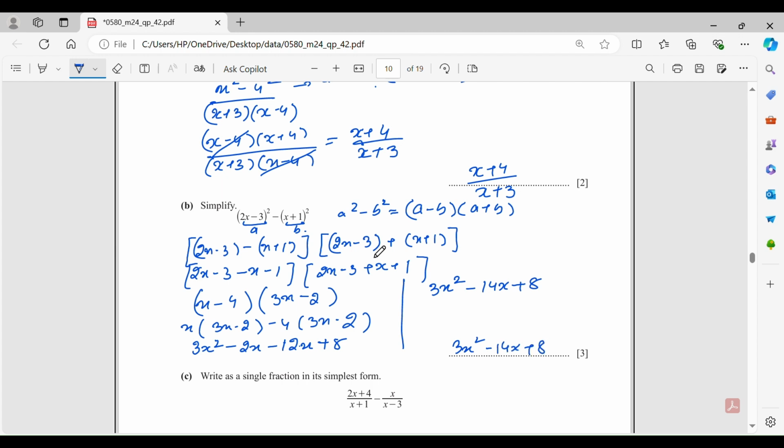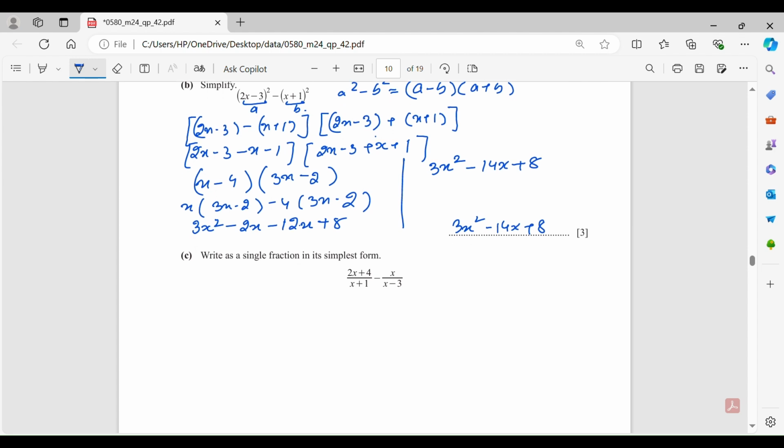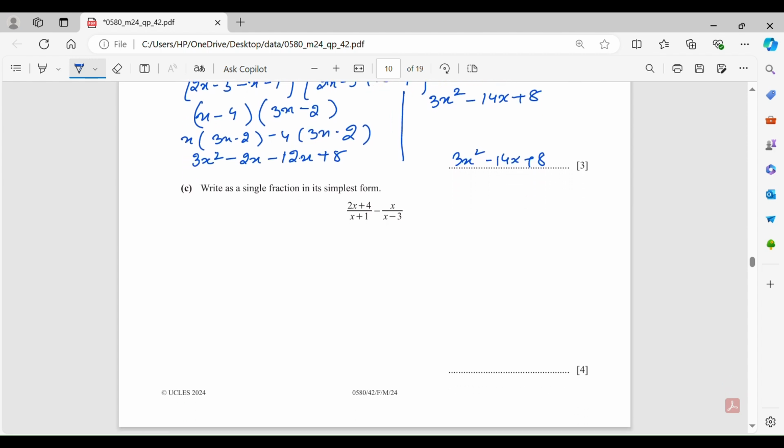Next, C part. For C part, write as a single fraction in simplest form. So for this, we will take the numerators as an LCM.